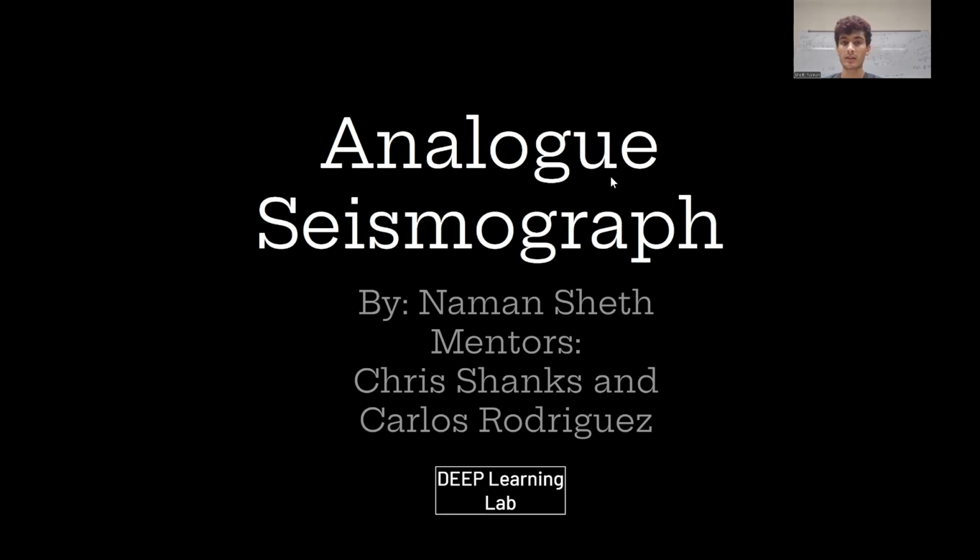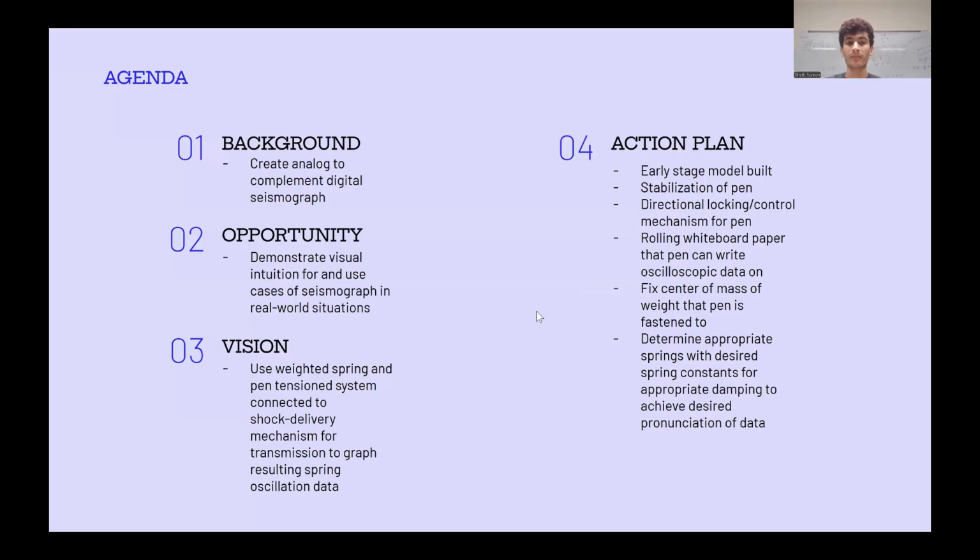And this is the analog seismograph. To give a little bit of introduction to why we're trying to do an analog seismograph: it's supposed to be a complement to the digital seismograph that we have downstairs already in the DEEP lab.